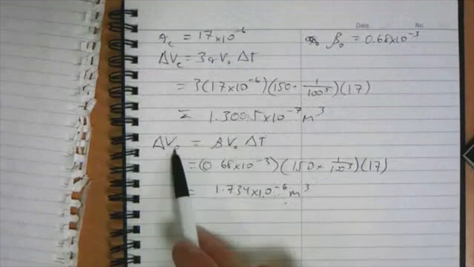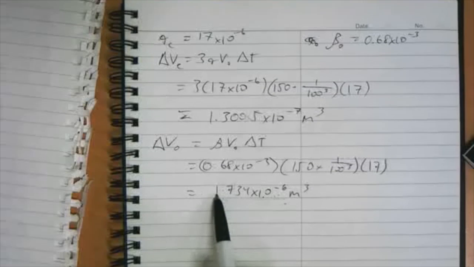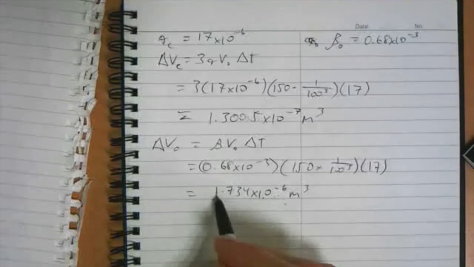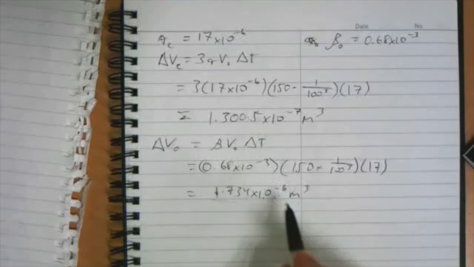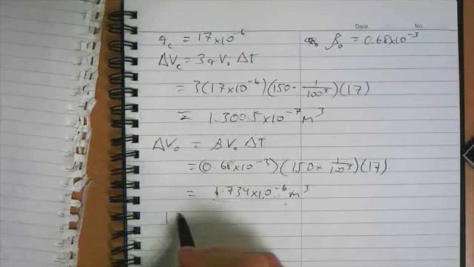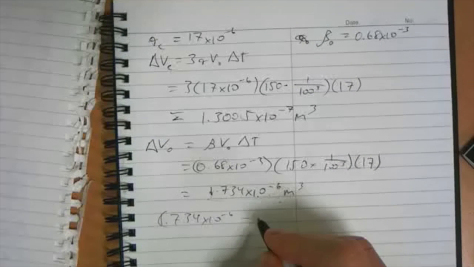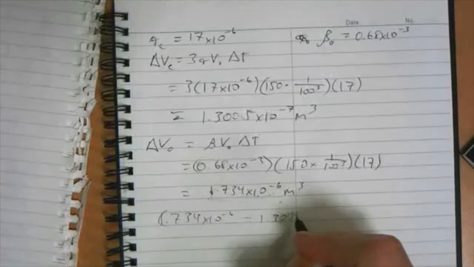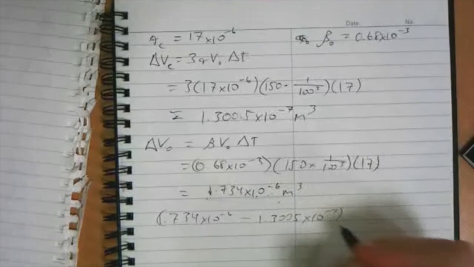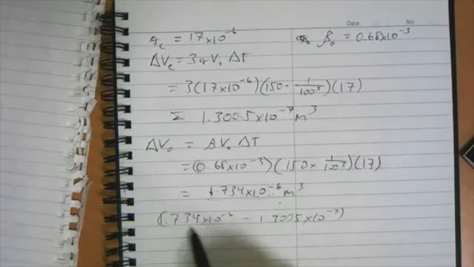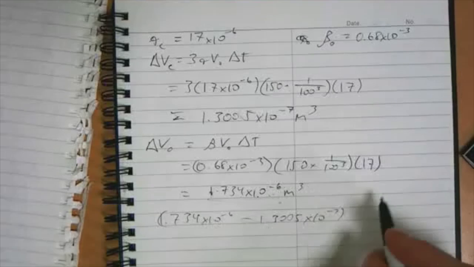Because they started off having the same volume, at the end the oil's volume is somewhat bigger than the copper. So if we take the 1.734 times 10 to the minus 6 minus 1.3005 times 10 to the minus 7, that is how much more the oil volume increased compared to the copper volume.